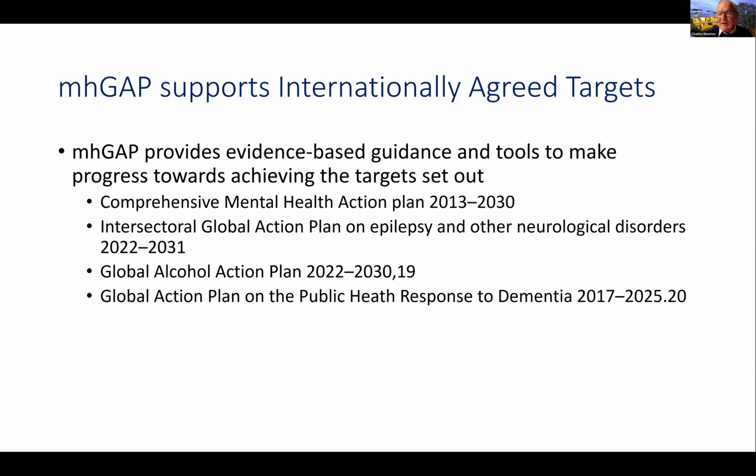As has already been alluded to, the mhGAP provides evidence-based guidelines and tools to make progress towards achieving targets set out in the Comprehensive Mental Health Action Plan, the Intersectoral Global Action Plan for Epilepsy and Other Neurological Disorders, the Global Alcohol Action Plan, and the Global Action Plan on the Public Health Response to Dementia. So considerably important in this regard.